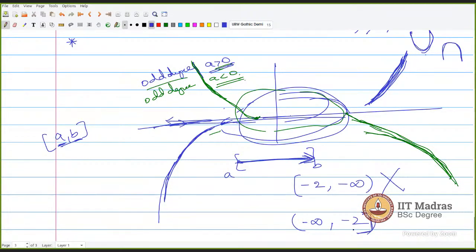Intervals are always defined from the smaller value to the bigger value, like minus 2 to 5. Whenever A to B is an interval, A should be smaller than B.